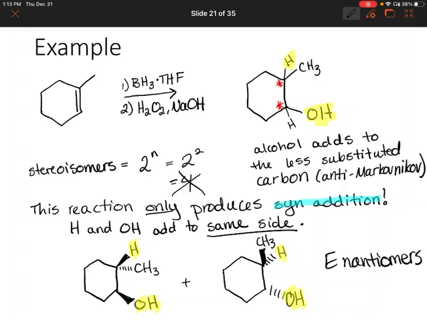Now, one thing to also take note of is the fact that we do have hydrogen peroxide in our set of reagents. Remember, in our hydrohalogenation reaction, we said that if you add a peroxide, you get anti-Markovnikov addition as well.